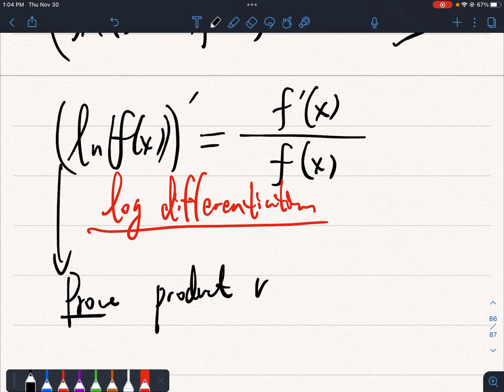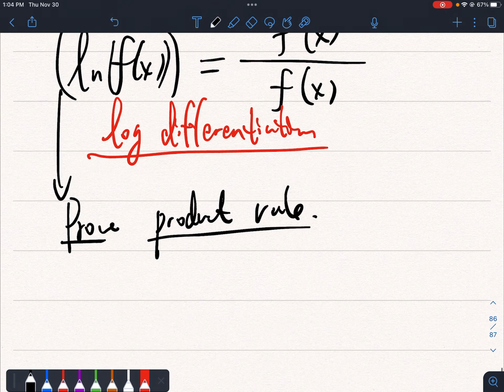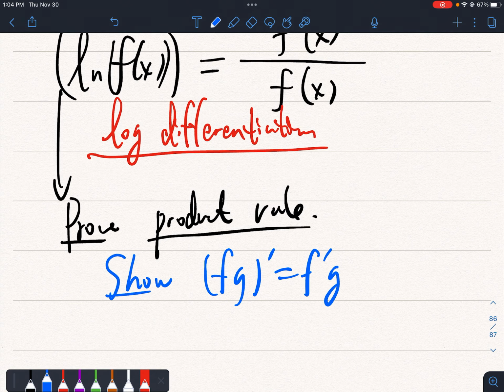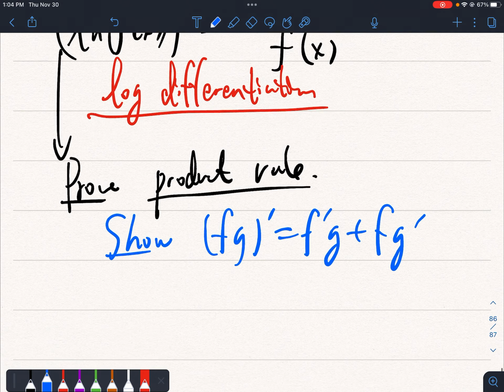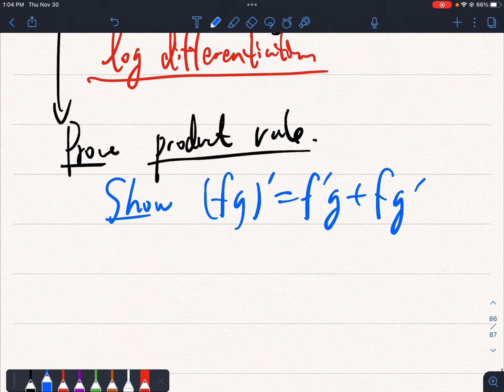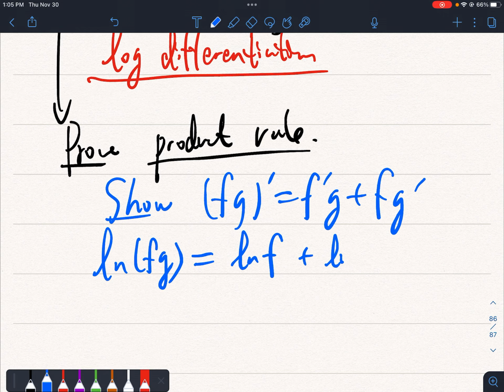So by the way, you can use this to reprove the product rule. Okay. You can use this to prove the product rule. So let's do it. Which means we want to show that the derivative of fg is equal to f prime g plus fg prime. Okay. But how do we show it?